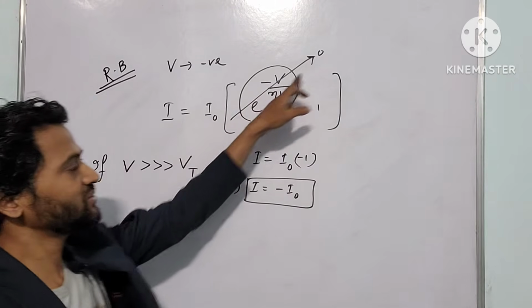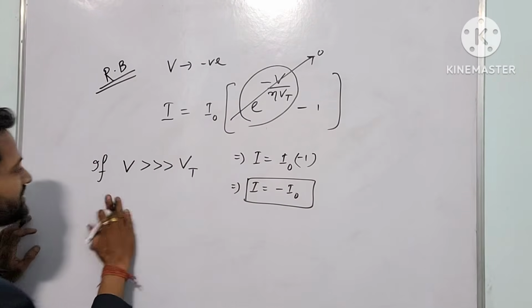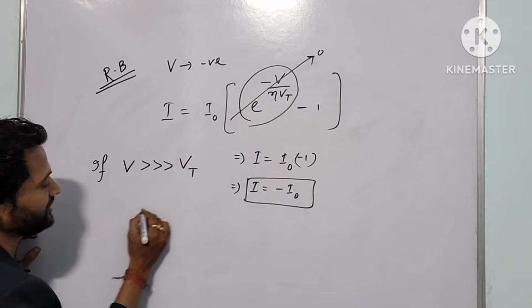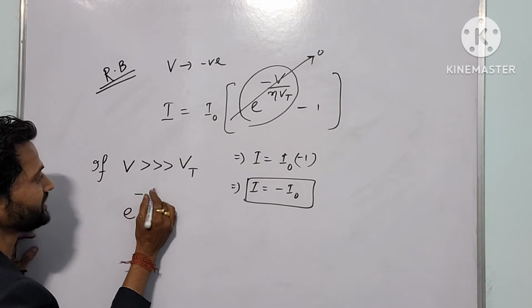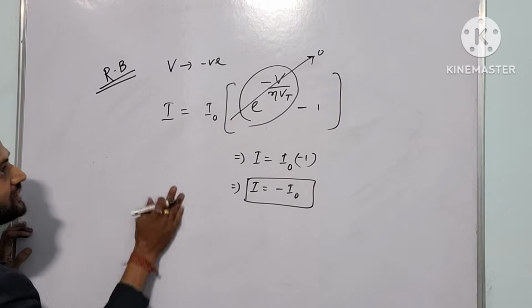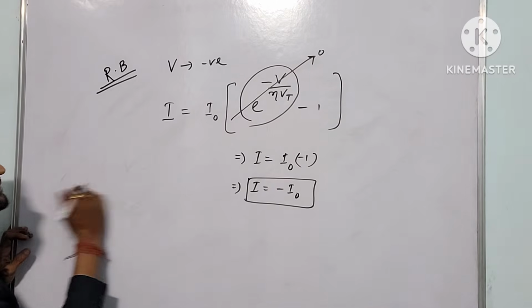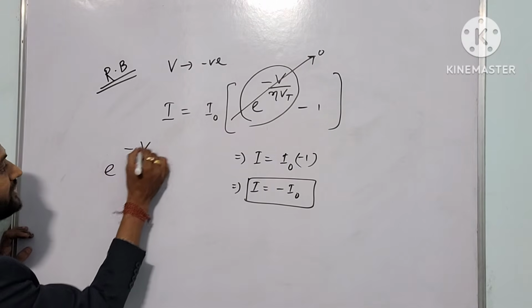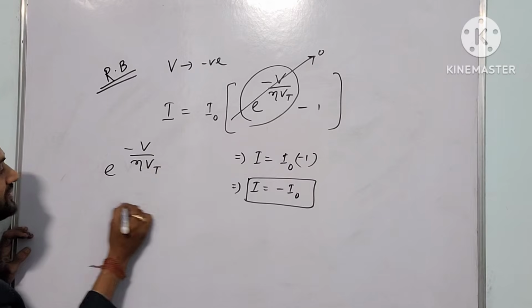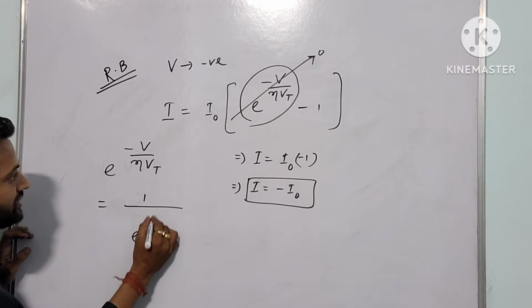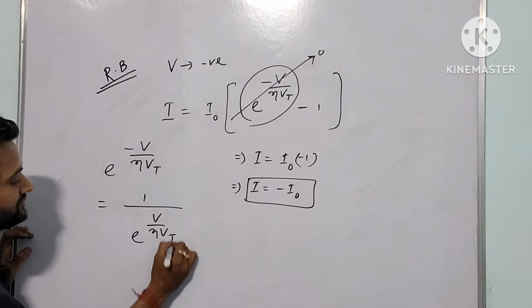Right? So ये कैसे 0 हो रहा है देखो, very simple. See, e to the power minus v में एक्सप्रेशन लिख रहा हूँ इधर, e to the power minus v upon eta vt. ठीक है, so I can write down 1 by e to the power v by eta vt.